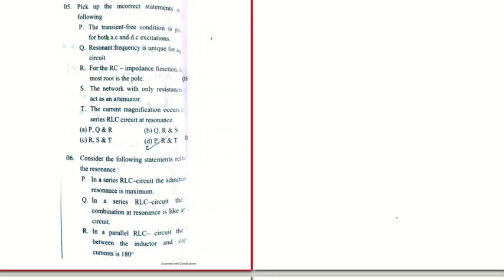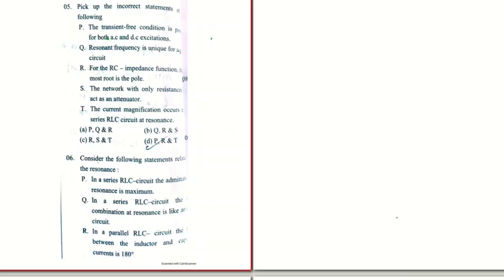So transient free condition is not possible in most cases, but theoretically it can occur in a purely resistive circuit. In a purely resistive circuit, there will be no transient, because there are no memory elements. Resistance is not a memory element; it cannot store or give energy, it just passes energy.